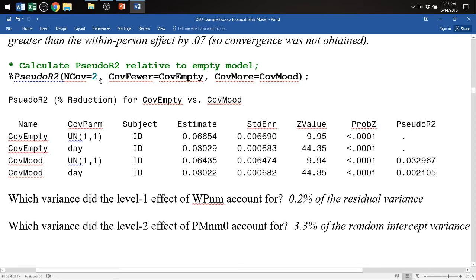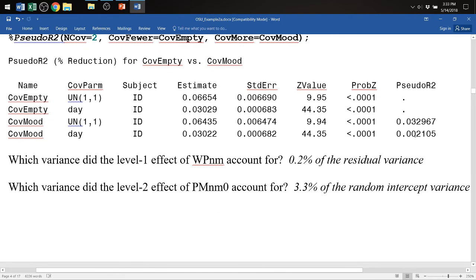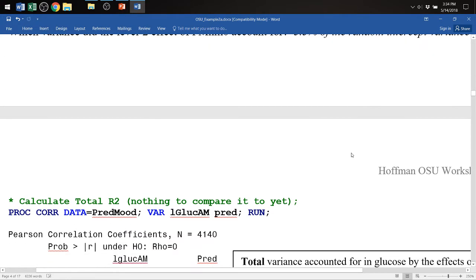So pseudo R-squared then to get the actual effect sizes that go with these things. Even though they were statistically significant, it's hard to get too excited about these. A 0.2 reduction in the residual variance and 3.3% of the random intercept variance. That's what we got. So not nearly as exciting.